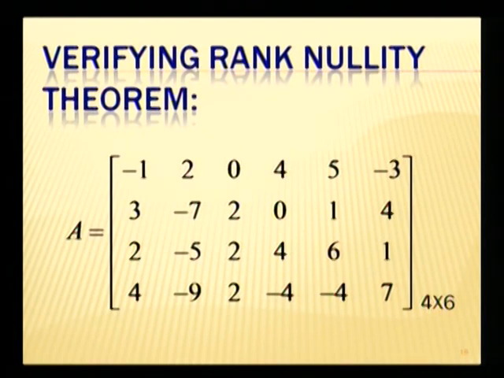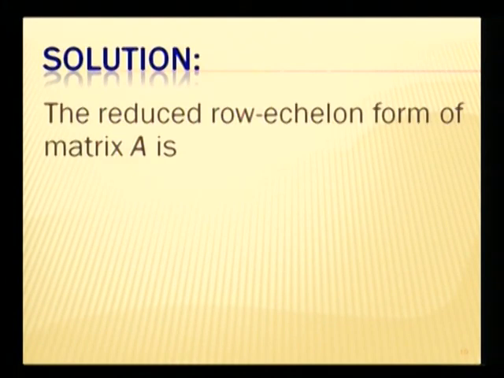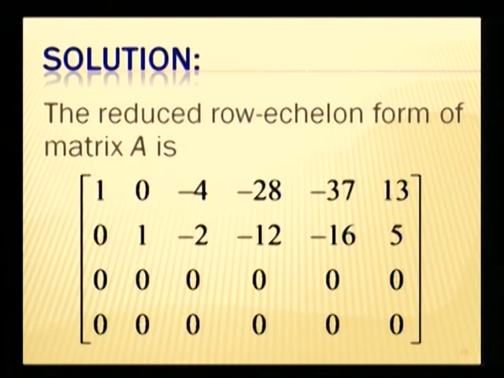But what exactly is the rank? To find that we have to find how many independent rows or independent columns are in the given matrix, and that we can easily find by the reduced row echelon form of the given matrix. So using row operations, the reduced row echelon form of the given matrix is this.